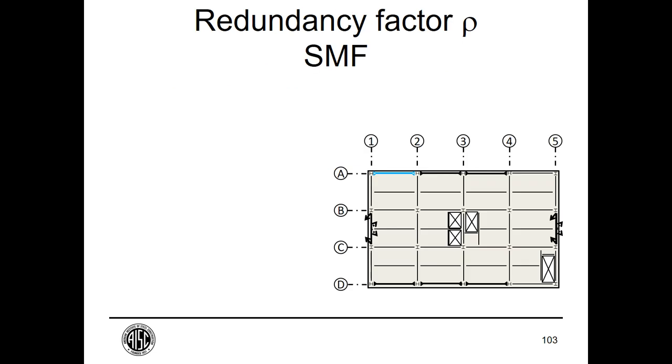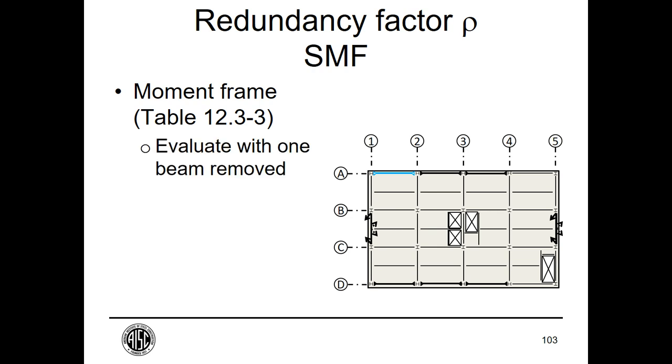All right, so the redundancy factor for the moment frames, ASCE 7 tells us in table 12.3-3 for a moment frame, you can evaluate it with a beam removed.